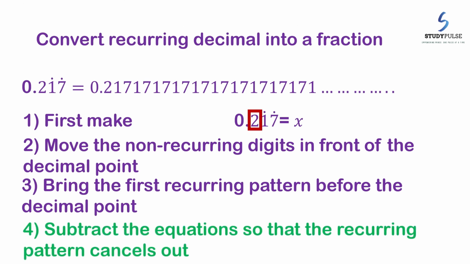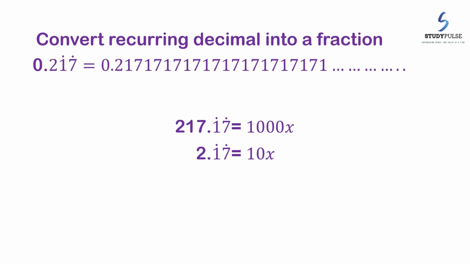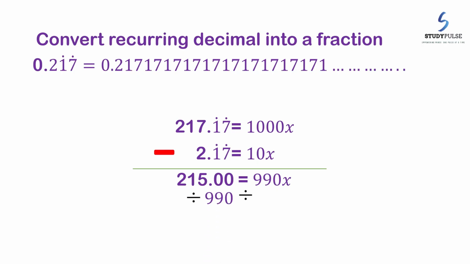We're going to use the 10x and the 1000x because they have the recurring parts lining up on top of each other, so the recurring decimals will cancel out. So that becomes 215 equals 990x. Now we need to find the value of 1x.